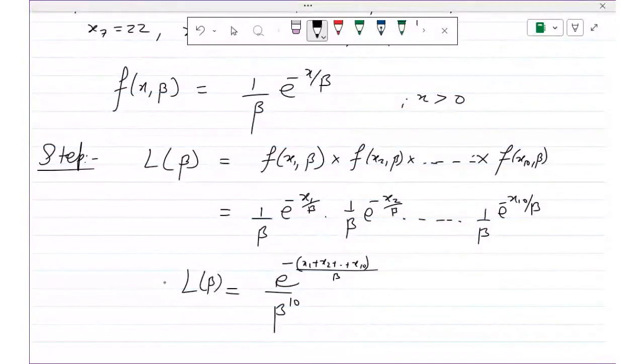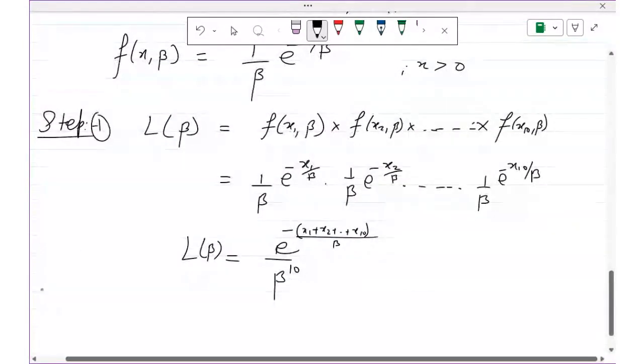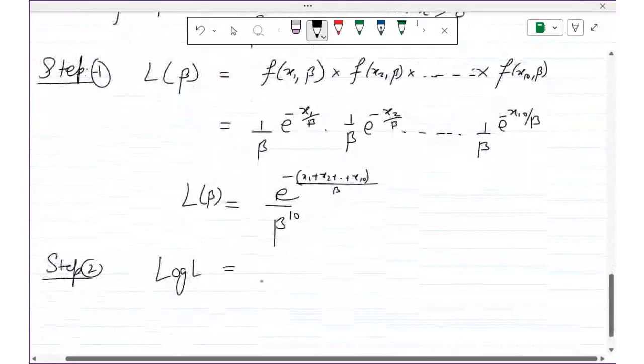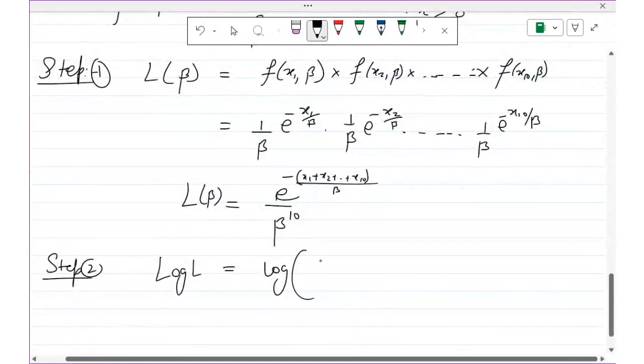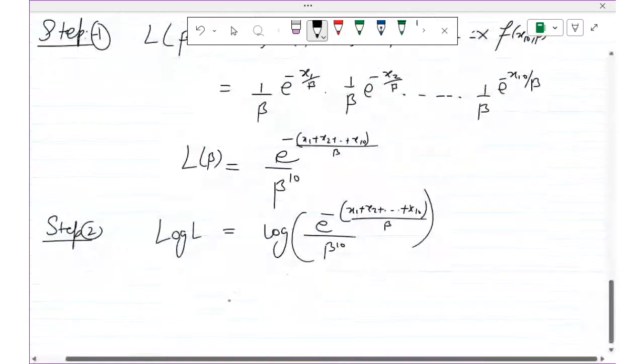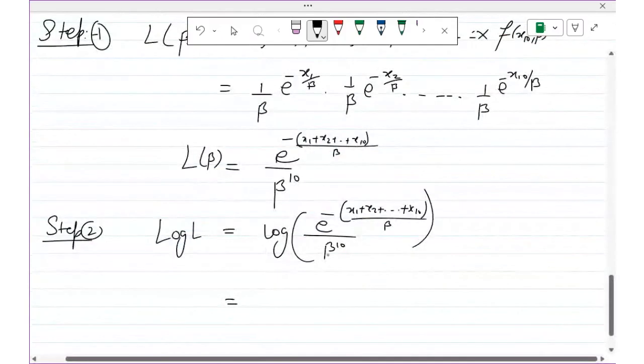Now we'll take this, step 2: we will take log on both sides. So log of L is equal to log of e power minus (x1 plus x2 plus up to x10) divided by beta, and whole divided by beta raised to power 10. So first we will apply log of m divided by n, which is log m minus log n.